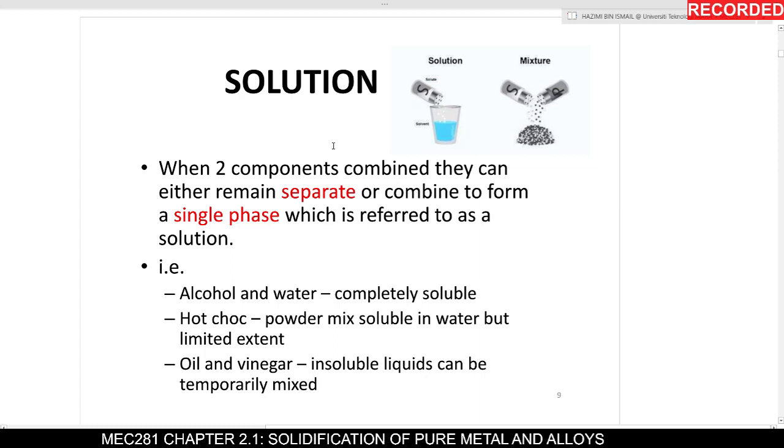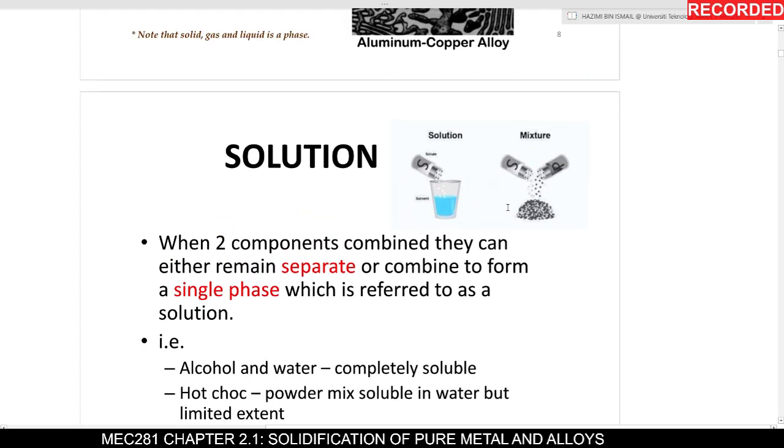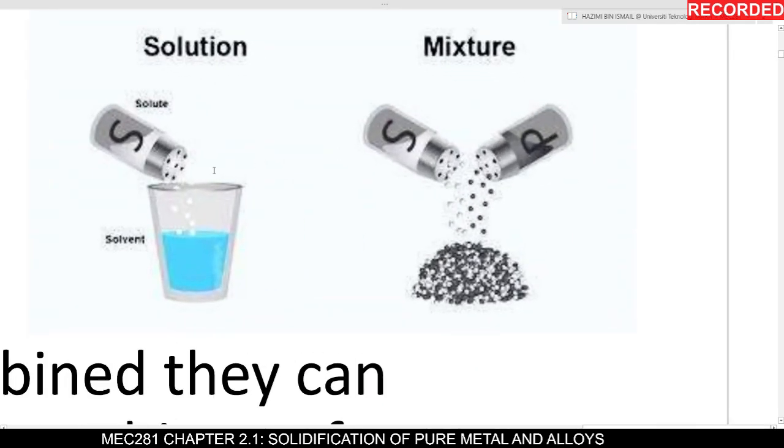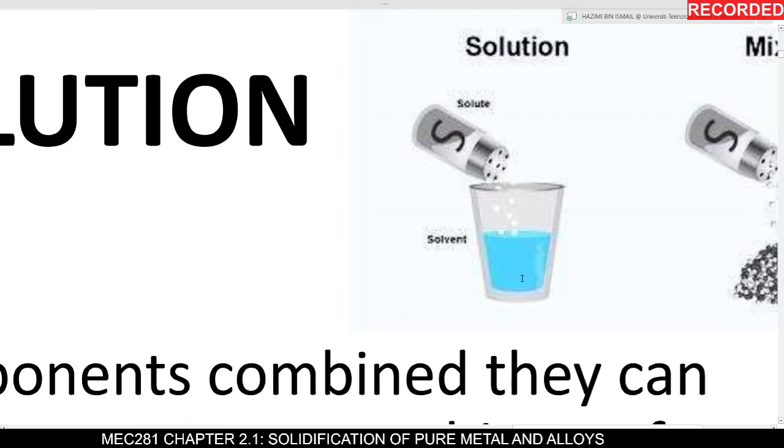Okay, it is the same meaning as we discussed earlier. So here in this one, when you combine two components where the component is the solute and this is the solvent, we know the solvent is the higher amount. So the higher amount here is the solvent and the lesser amount is the solute.